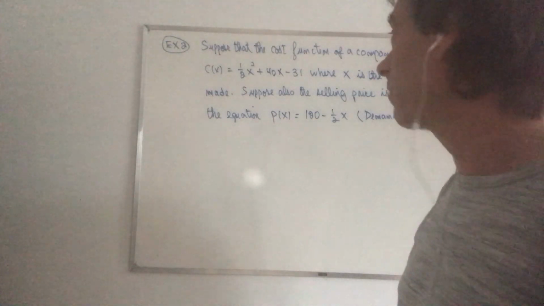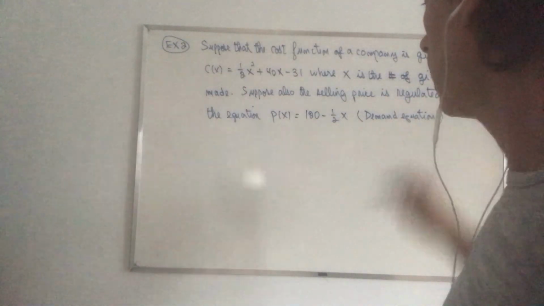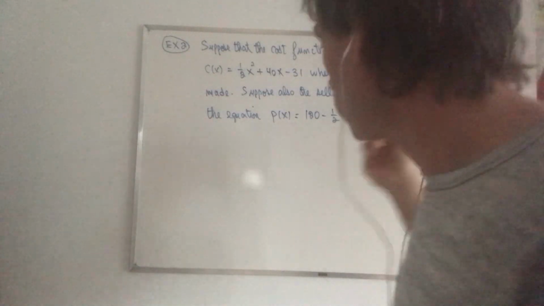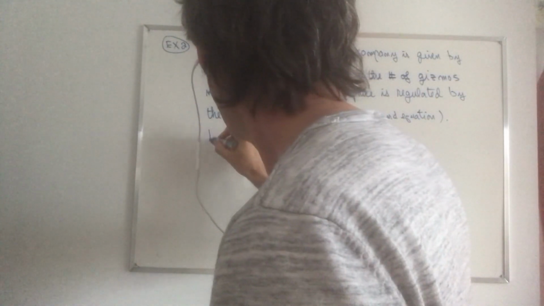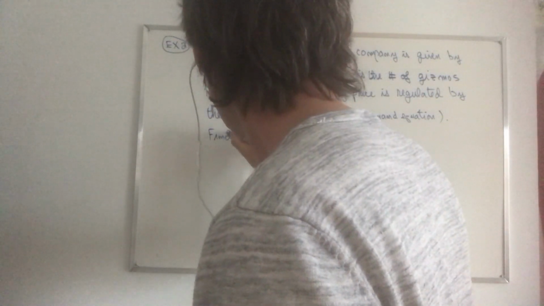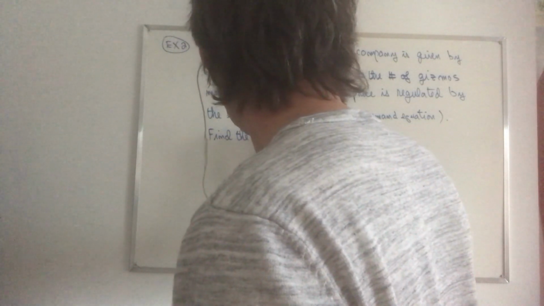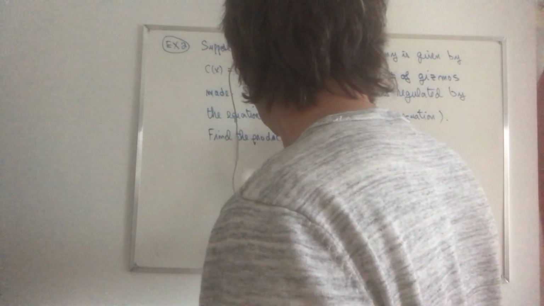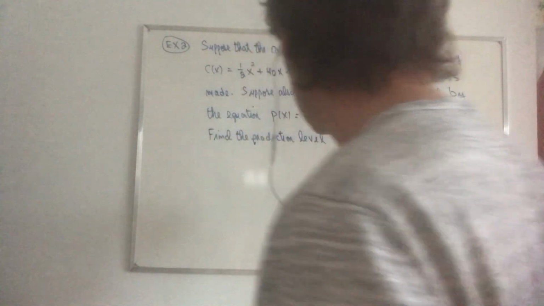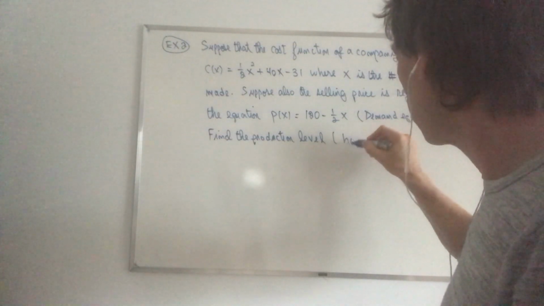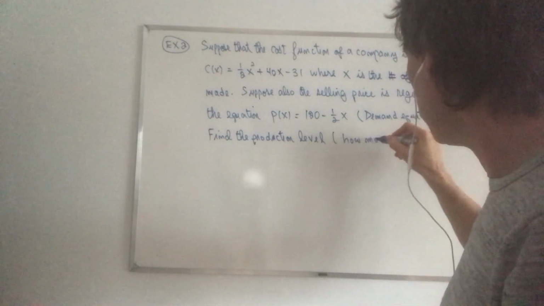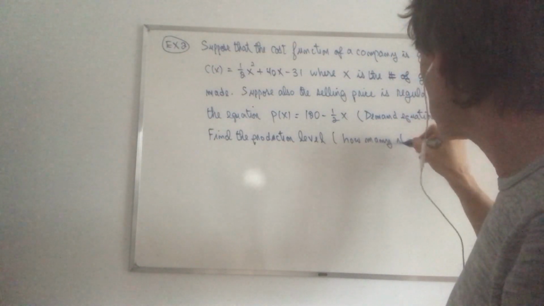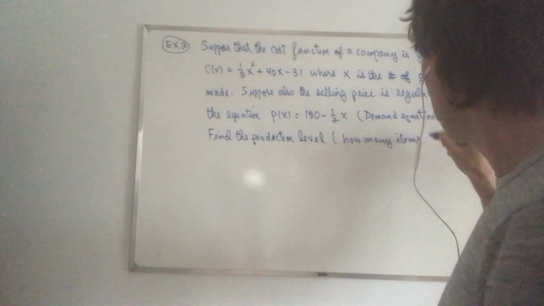All right, so basically, what can I do with all this? What question can I ask? I got a cost, I got a price, so standard question: find the production level. What does that mean, production level? It means how many items we should produce, we should make.